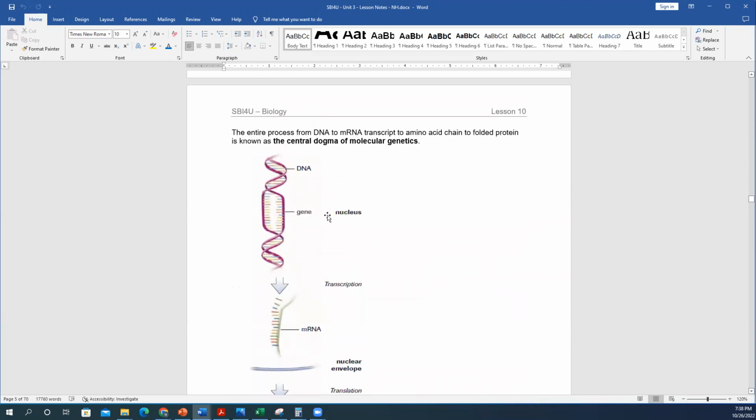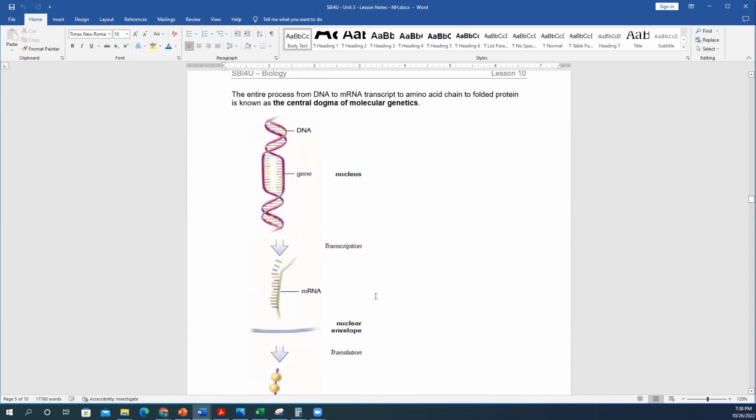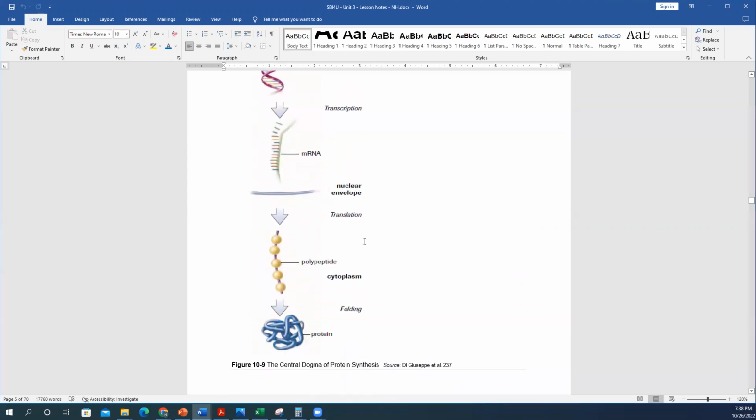And we talked about the central dogma of molecular genetics, where it represents the entire process from DNA to transcription in the form of mRNA. The mRNA leaves the nuclear envelope where it gets translated into a polypeptide, and the polypeptide folds to a protein having the task, be it structural, be it catalytic, be it an enzyme.